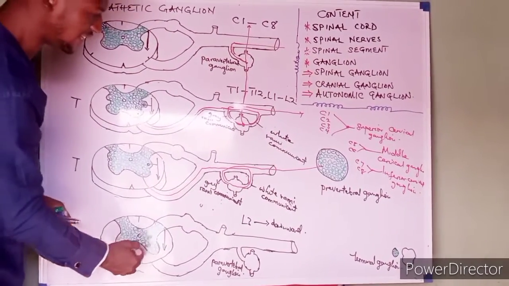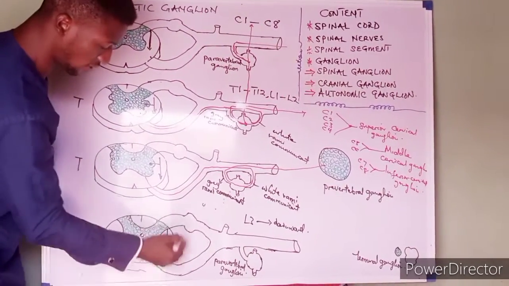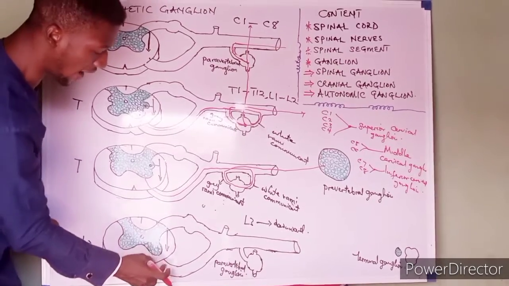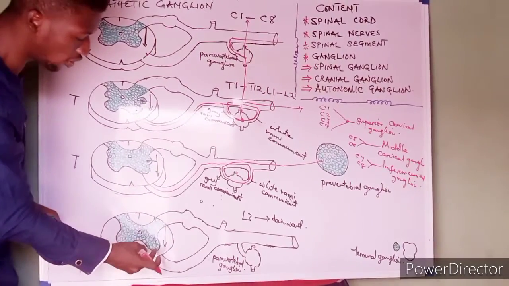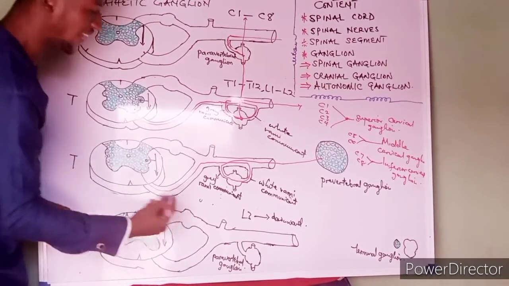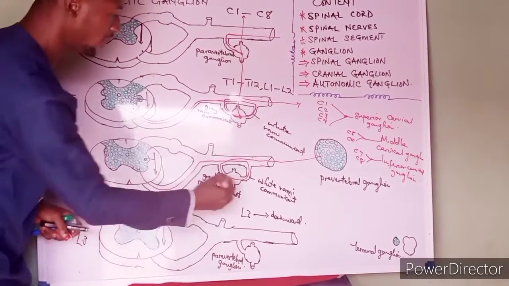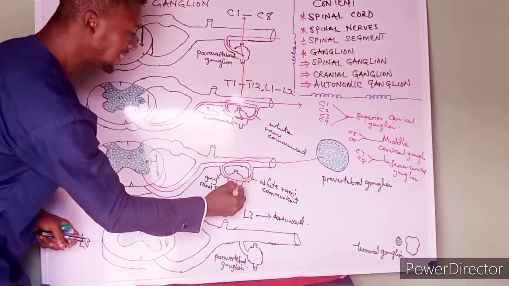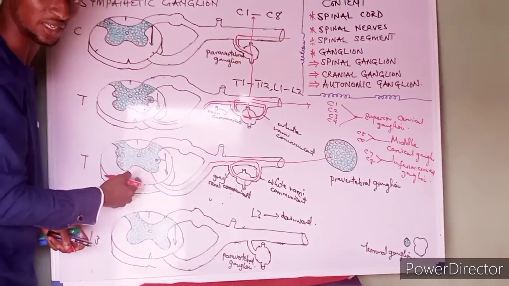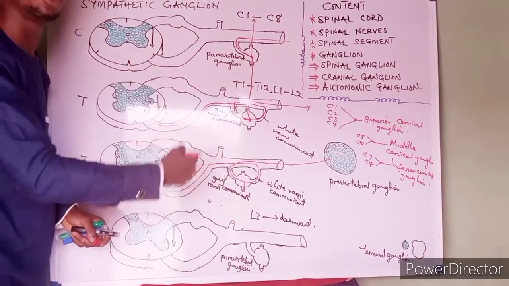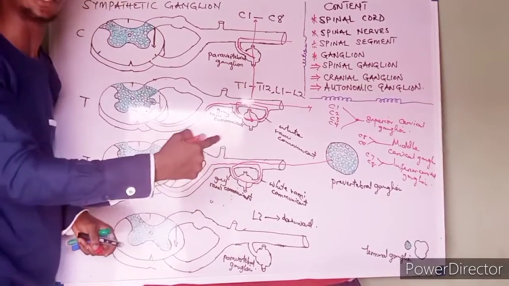Okay, in the lumbar region, this particular region does not have lateral horn. And as a result of this, the sympathetic fiber cannot come out through this region. Instead, fiber descends from the thoracic, or from the L2 vertebra. You know, we said we have it in L2.